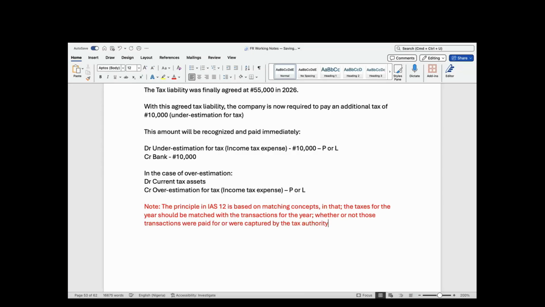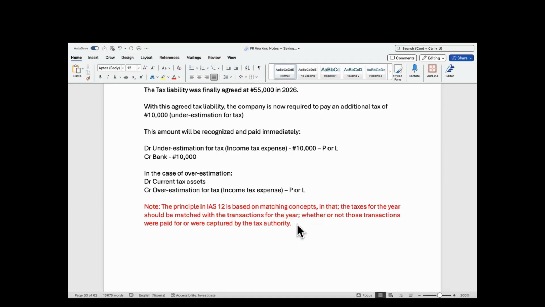So the idea of tax of IAS 12 is based on matching. The tax for the year should be matched with the transactions for the year.